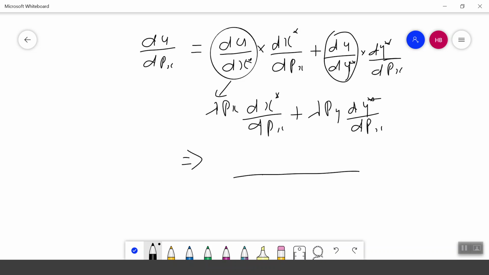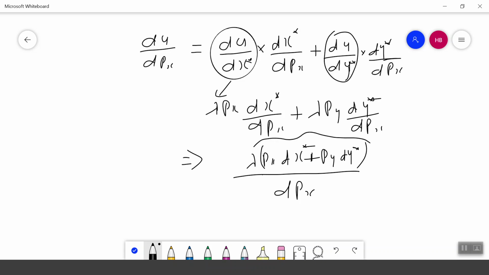Now take dpx as the denominator: lambda you can take outside, so it is lambda times (px dx plus py dy) by dpx. Now isn't this expression dm, because your m is equal to px x plus py y?